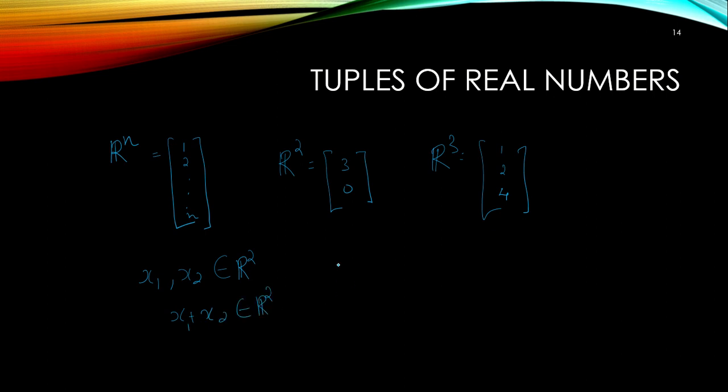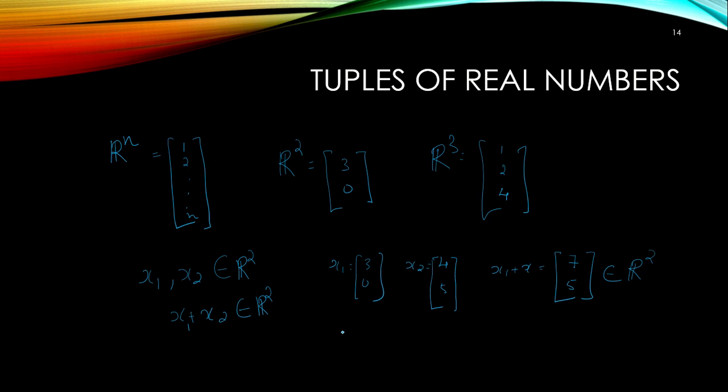Let's take one example. x1 is equal to (3, 0) and x2 is equal to (4, 5). If I add these two vectors, x1 plus x2 will give you another R2 vector, so this also belongs to R2. So addition is satisfied.